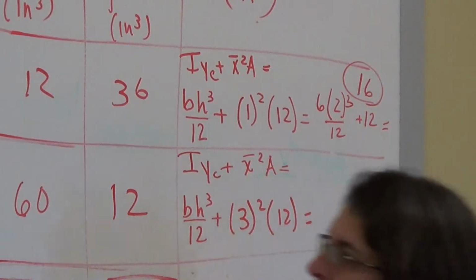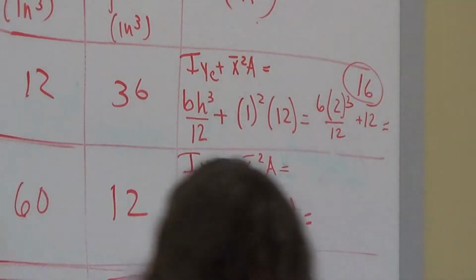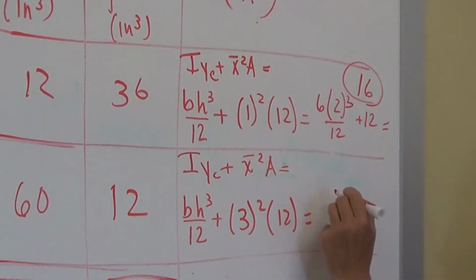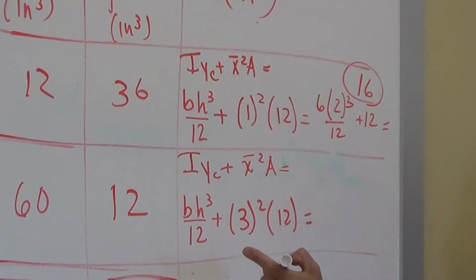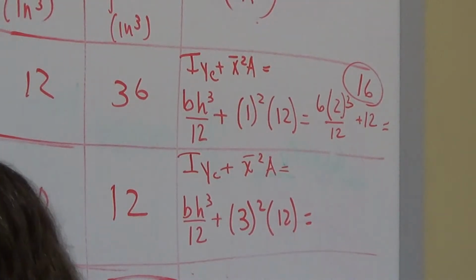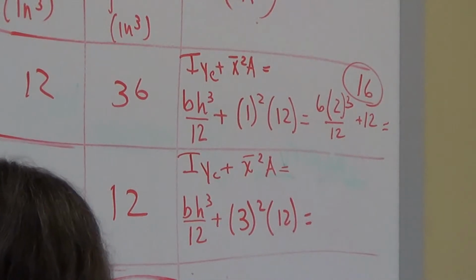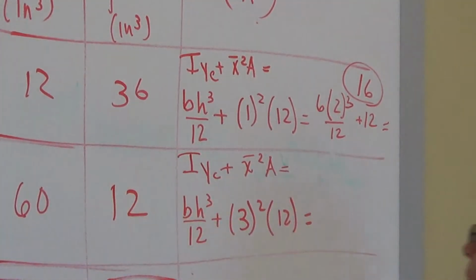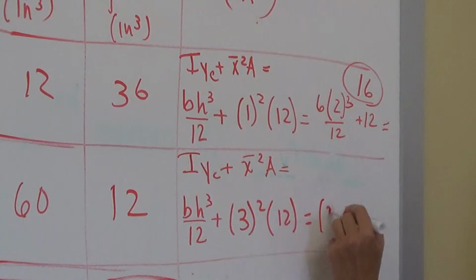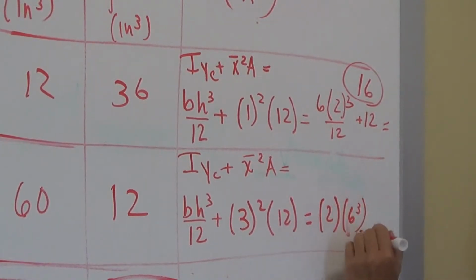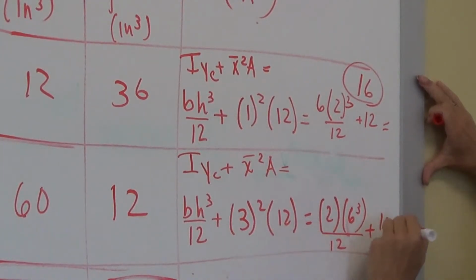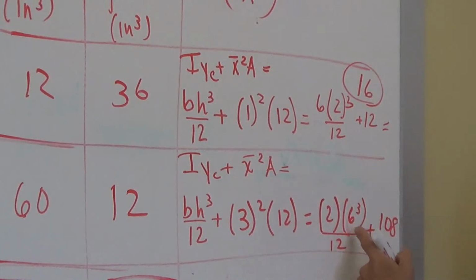And in this case, if we're looking at y this way, what is the base? What's the base, you guys? Try again. The base represents the distance of the side that's parallel to the axis. If we're talking about the y-axis, what's the base? 2. Hang on a second. So it's 2 times 6 cubed over 12 plus 9, 108. So what does that turn out to be?